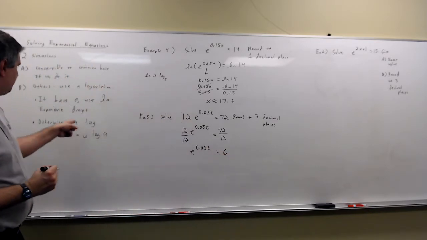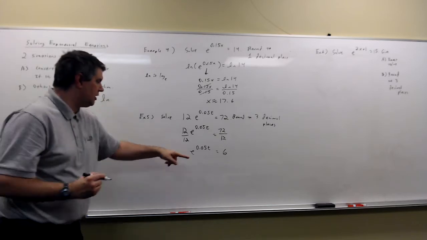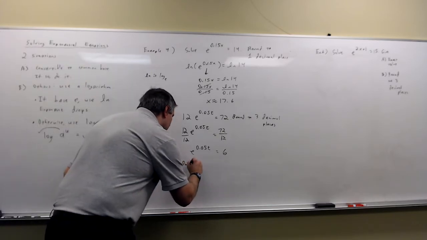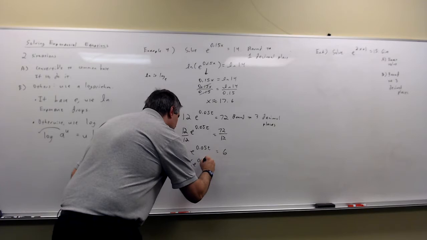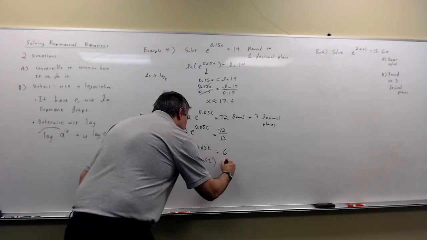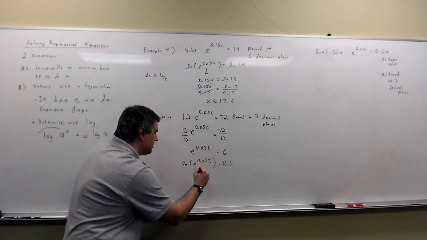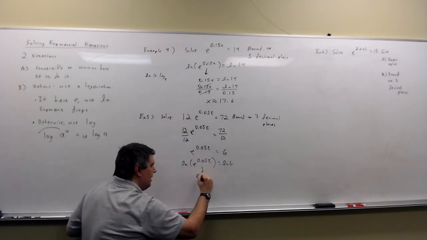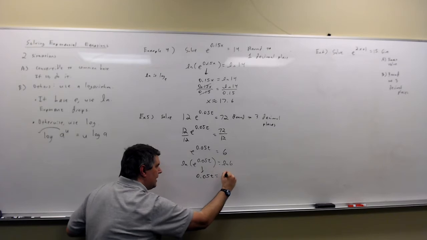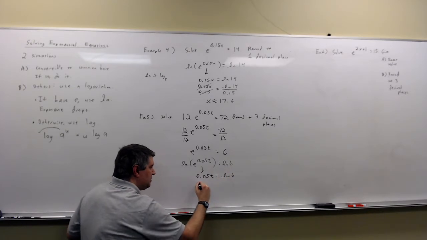All right, same as before. It's base e, so we're going to use a natural log. All right, since that's log base e, that allows us to take the 0.05t out of the exponent. The final step is to simply divide off the 0.05.